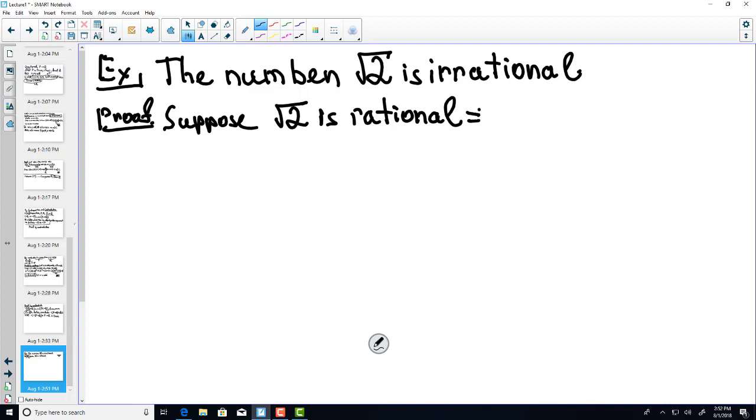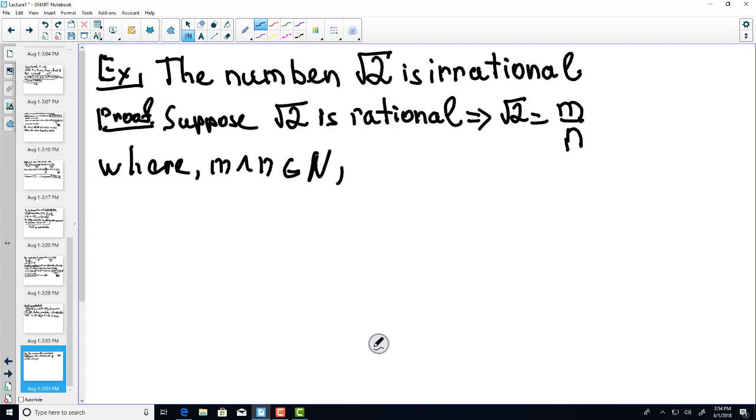If it's rational, then we can write square root of 2 as a ratio of two integers. This is the definition of a rational number, where m and n are integers with no common factors. If there are some common factors, then we can cancel them.